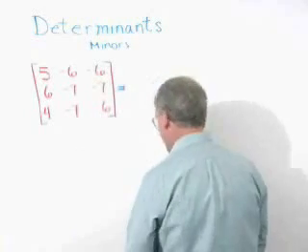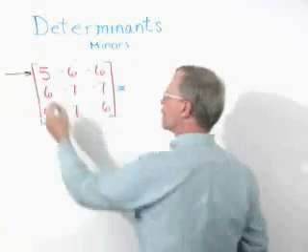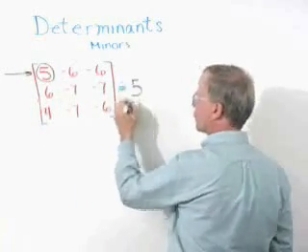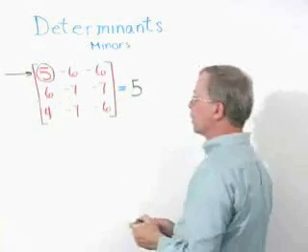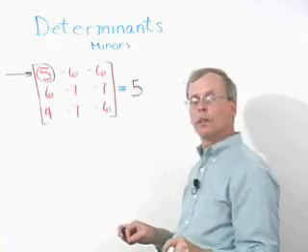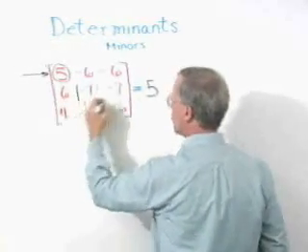So if we chose the first row and the first column value, we'd put that number out here as a 5. Now, associated with that 5 is something called a minor determinant, which is in here.